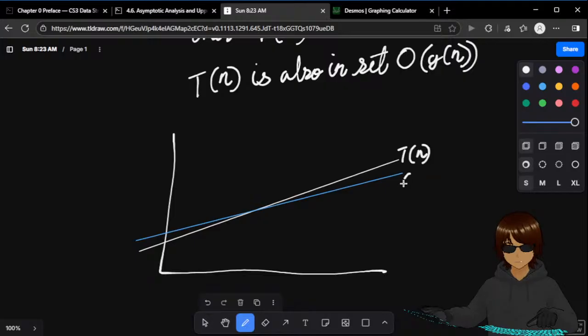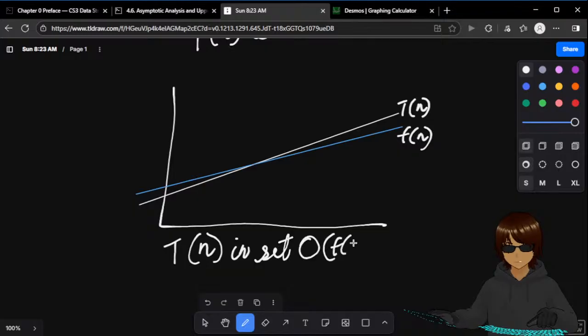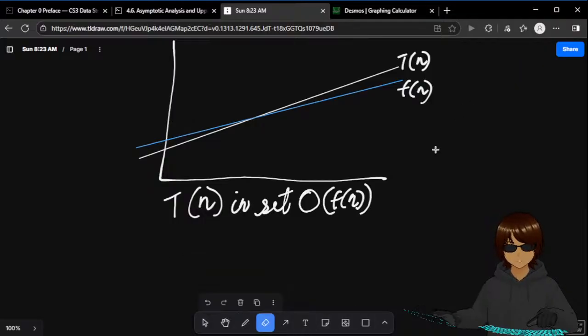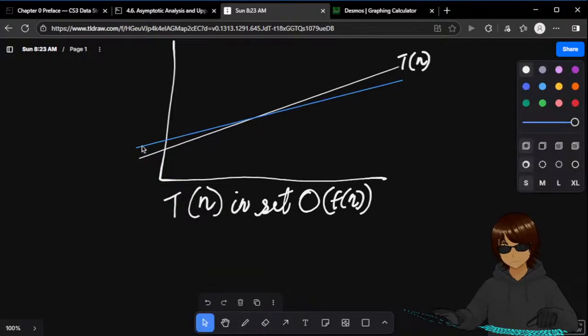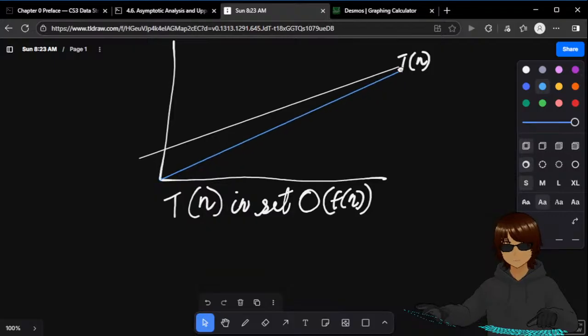T(n), f(n). T(n) in set O(f(n)). Hold on, I should take an O(n) function.